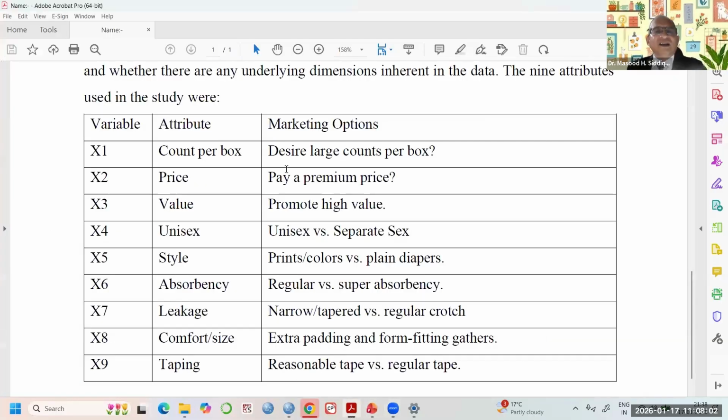Now, let us look at the features. If some mother thinks that count per box is important, then for that mother, price will also be important. So they appear to be correlated, right? If for someone price is not important, then expectedly count per box is not an important criterion either. For some mother, the absorbency of the diaper is important.